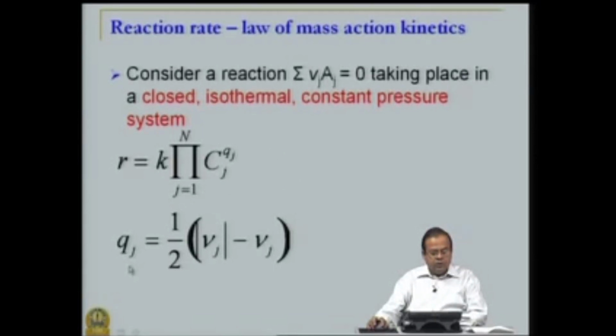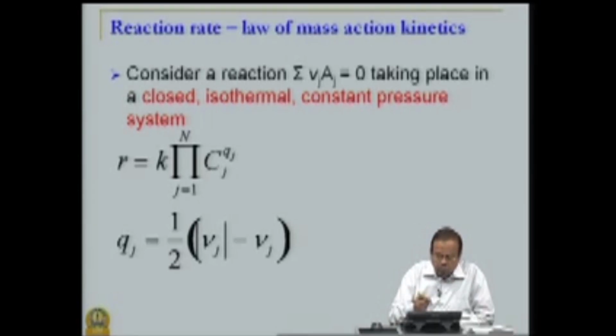So, for example, if Qj is half of the difference between mod nu j and nu j, then we say the reaction follows law of mass action kinetics. To give you an example, and this is just an illustration, not real kinetics.